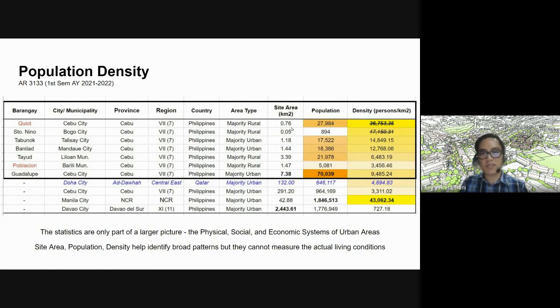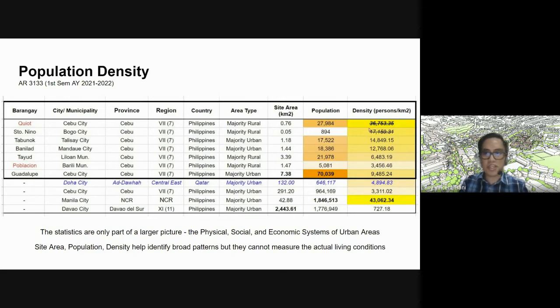So sometimes density could be misleading. That's why in most analysis, urban planners and designers would usually ask for site areas and population only, and then they can calculate density on their own. So density is a very misleading number if you're looking to analyze your municipality, city, or barangay.